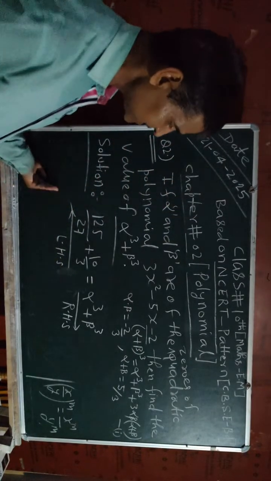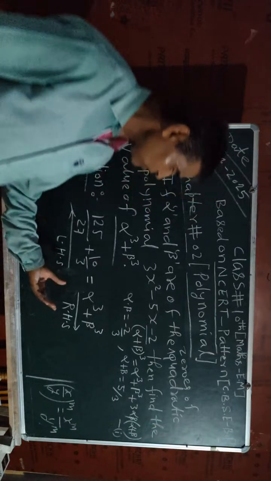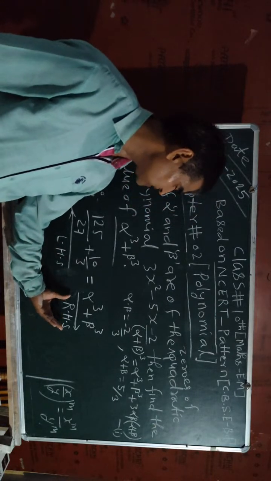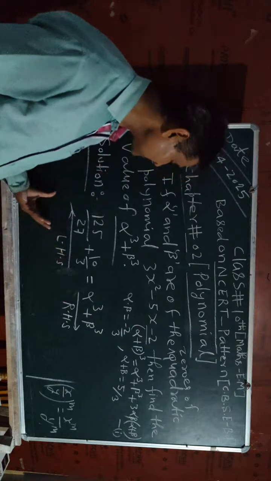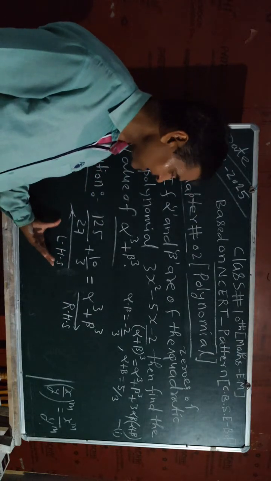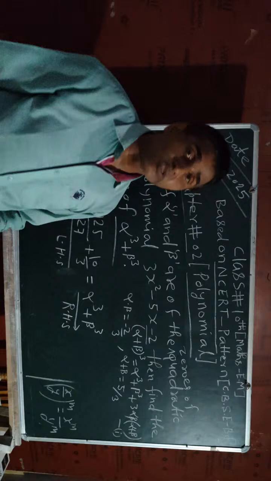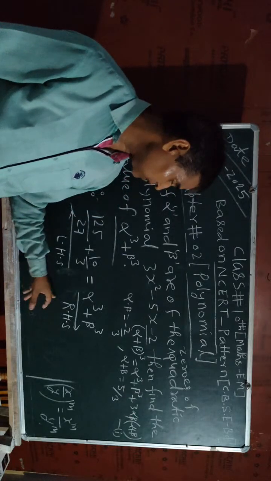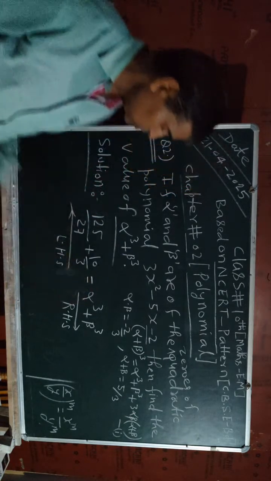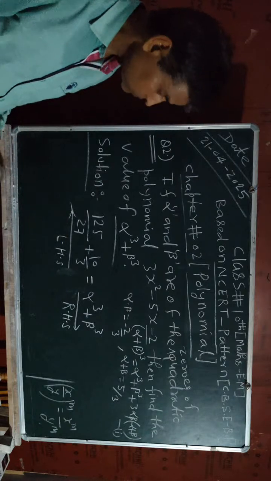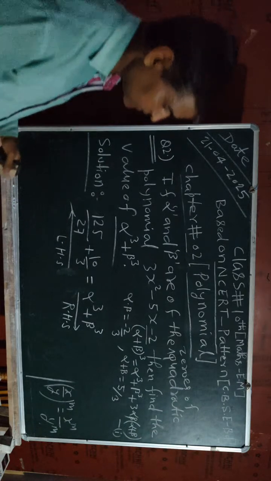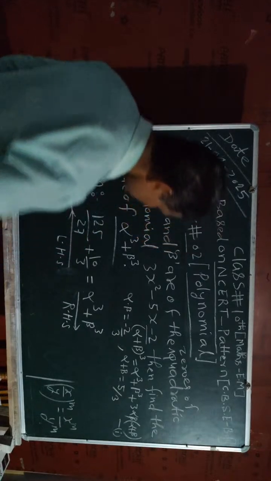This is the left hand side and this is the right hand side. Now further I am going to put this right hand side data in the left hand side, and the whole left hand side data I will put in the right hand side, so there will be no change in the question. Okay, student. So further I am going to write it.